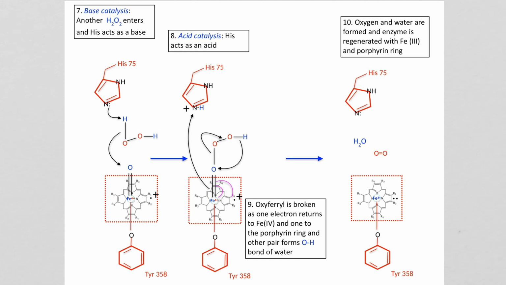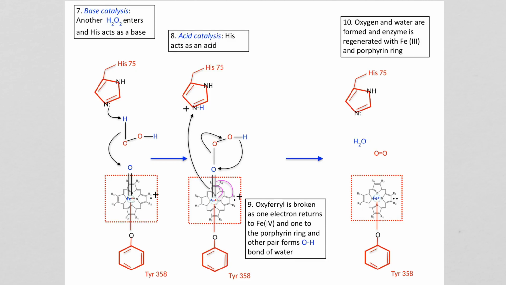One electron of this bond goes back to the porphyrin ring, while the other electron will go back to the Fe4+. Therefore, the Fe4+ gets converted into the original Fe3+, while the cationic porphyrin ring now becomes a regular porphyrin.